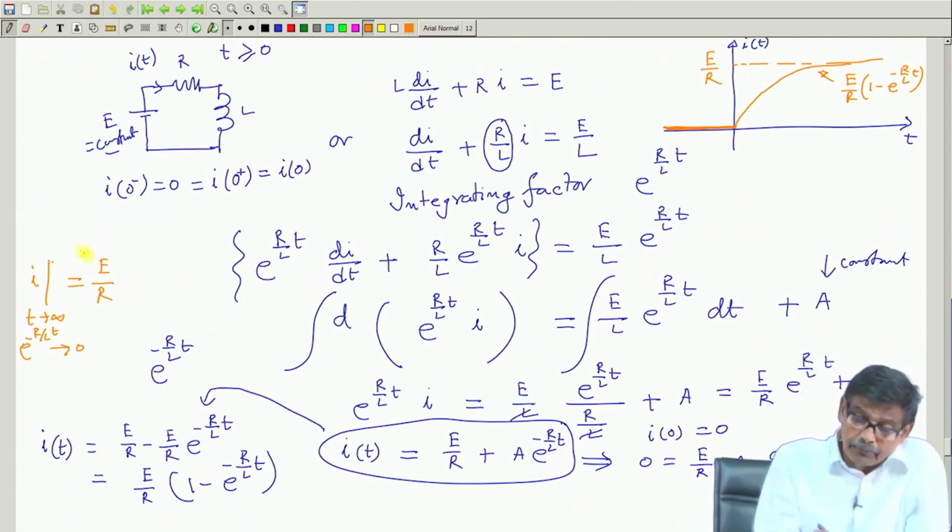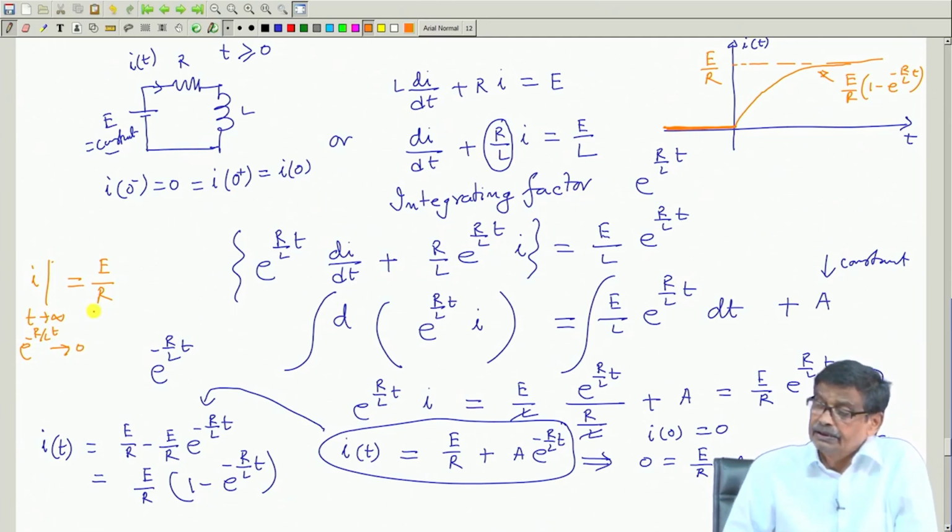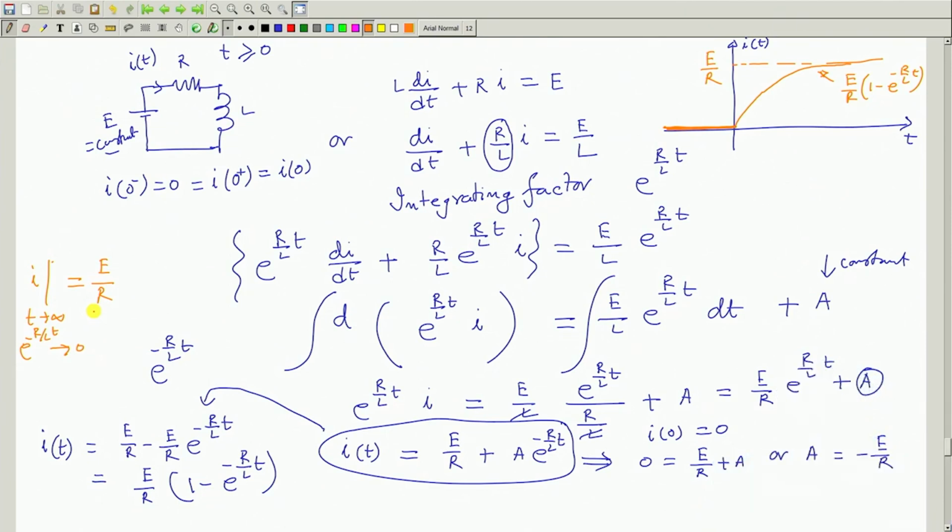Now, the question is about this t tends to infinity. Really, do I have to wait for infinite time, that means years after years, so that the circuit current will be E by R? Not really.